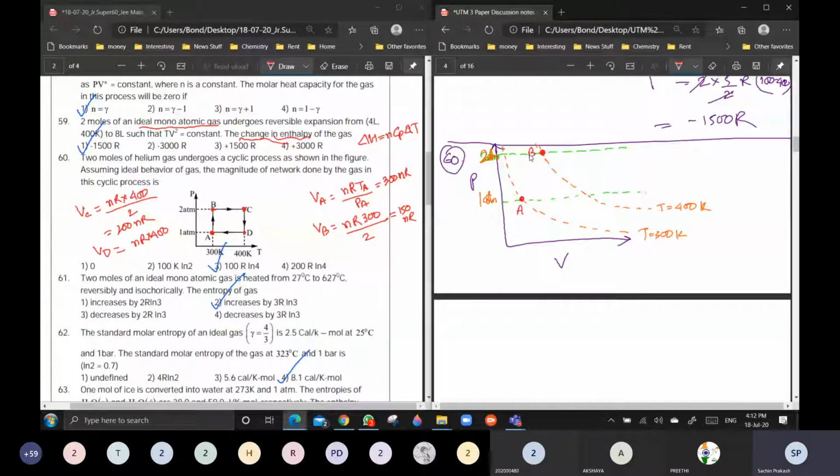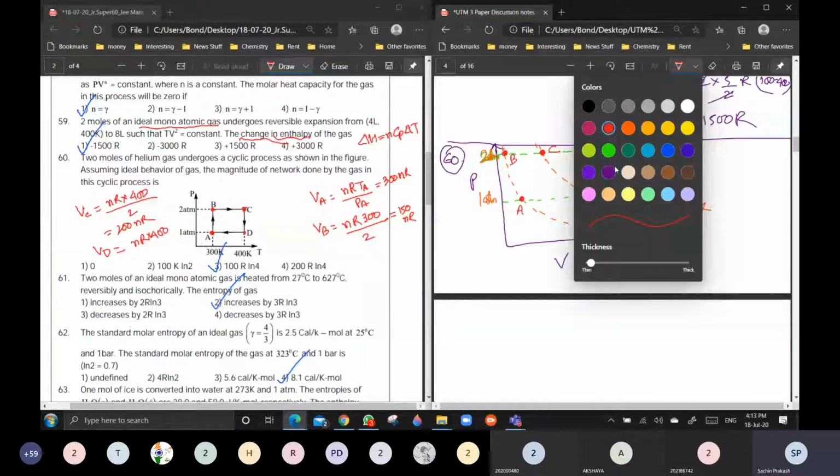Okay. Point C is at 2 atm and 400 Kelvin. So this is point C. And point D is something like this, 400 Kelvin and 1 atm pressure. So now I can draw my process. These 4 points are joining like this.